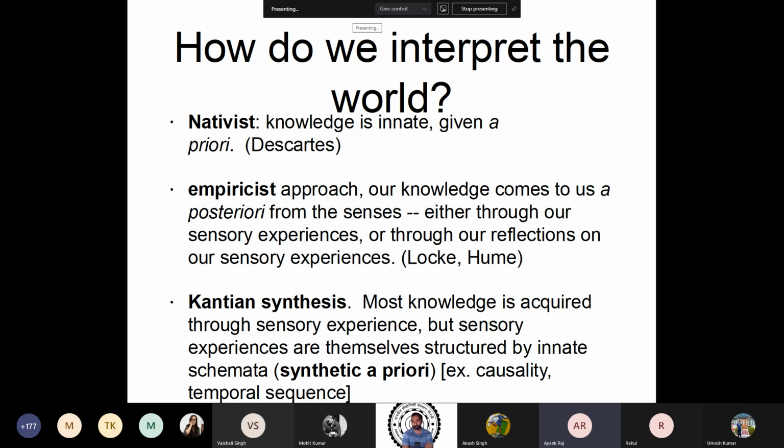Many remain undeveloped till they reach adolescence. Sir, is that true? Yeah, so is this a position against nativism? Sir, against nativism. Okay, yeah. There is indeed some such evidence, anthropological evidence.